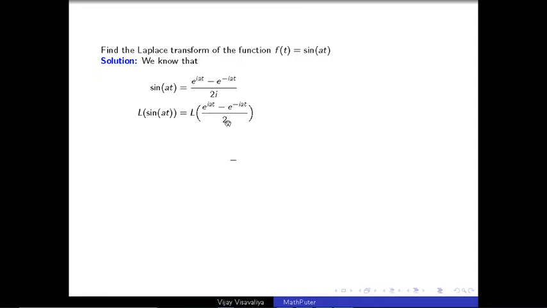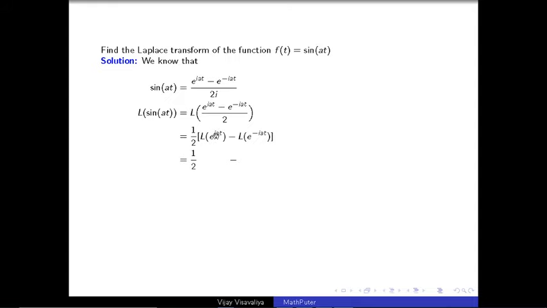1 upon 2i is a constant quantity. We take it outside. Then the Laplace transform of these two functions is Laplace of e raised to iat minus Laplace of e raised to minus iat. So this 1 upon 2i we have. Now e raised to iat. What is the Laplace transform of e raised to at? It is 1 upon s minus a.